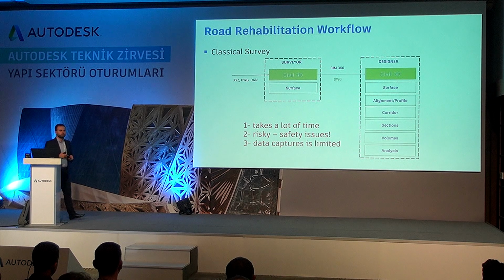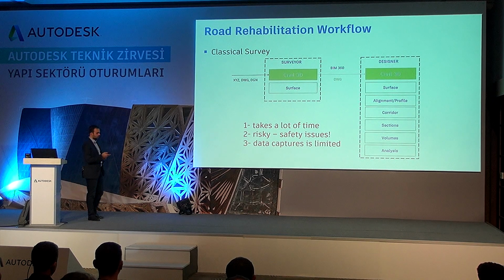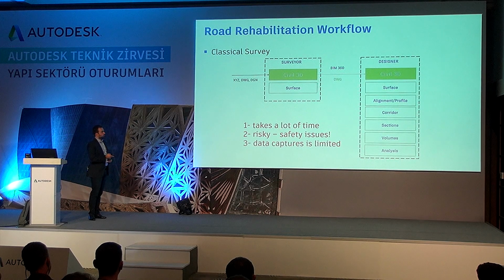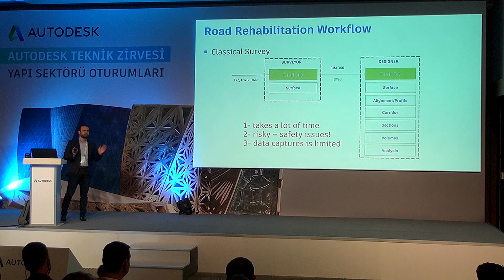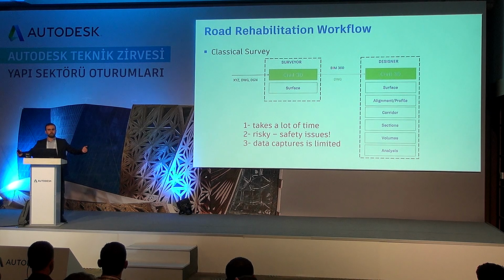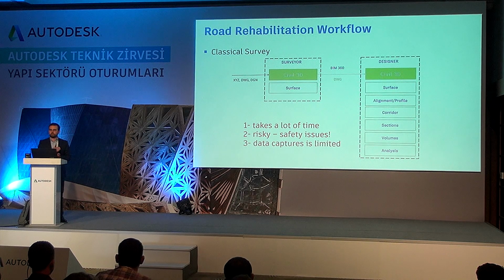The major three drawbacks or challenges are these. First of all, it takes a lot of time. So for a short road, that's fine. Maybe a day or two. But for a long one, no. It's also risky. So think of those highways, the big highways, 3, 4, 5 lanes where you have high vehicles moving.